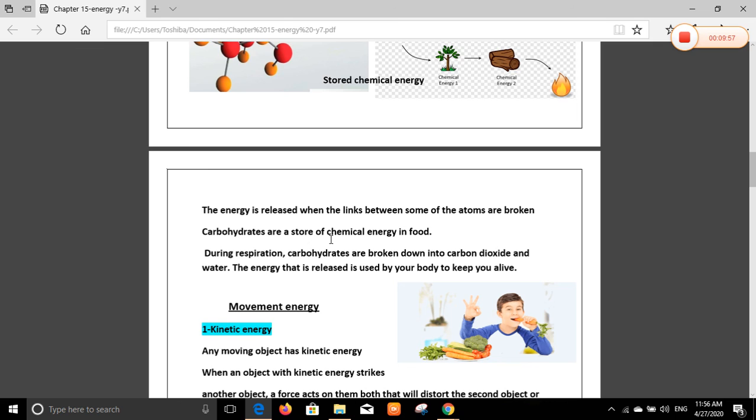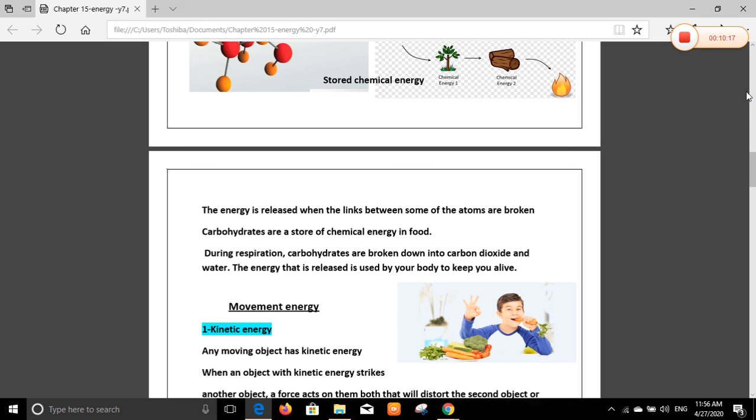Carbohydrates are a store of chemical energy in food. During respiration, carbohydrates are broken down in the presence of oxygen and release energy, carbon dioxide and water. The energy that is released is used by your body to keep you alive.